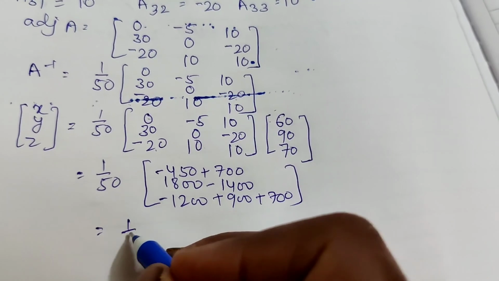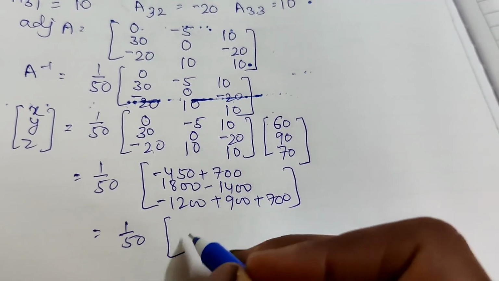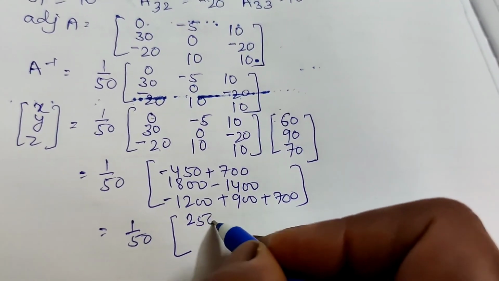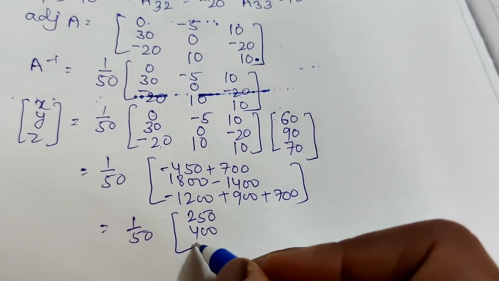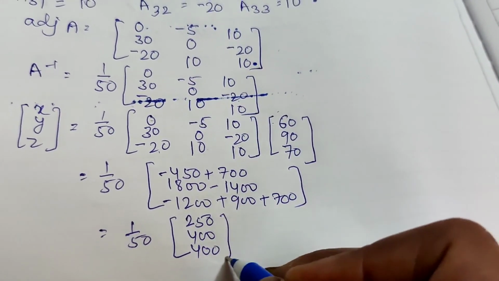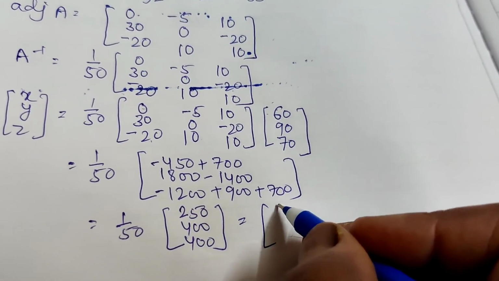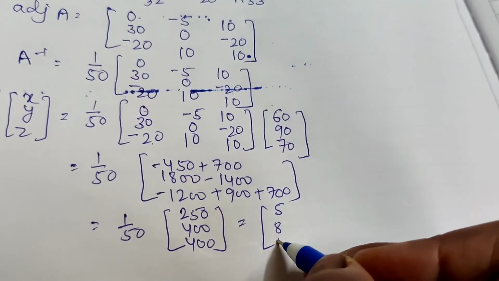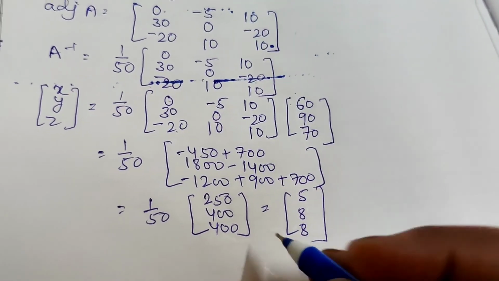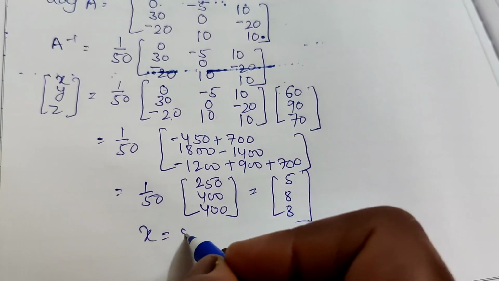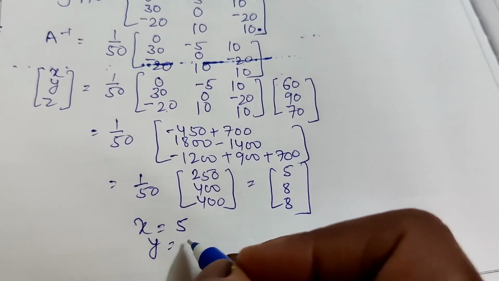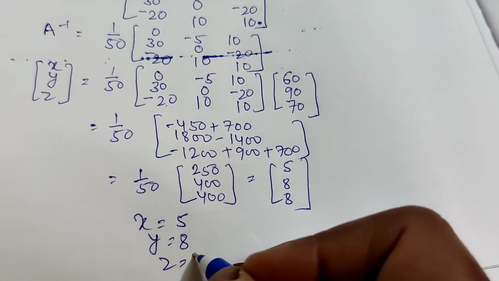Now this will be 250, 400 and 400, and divided by 50 it is 5, 8, 8. It means x equal to 5, y equal to 8 and z equal to 8.